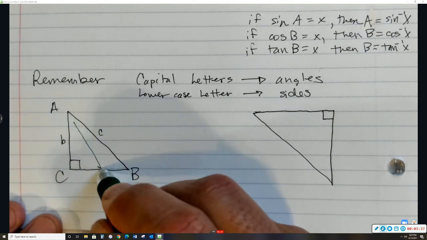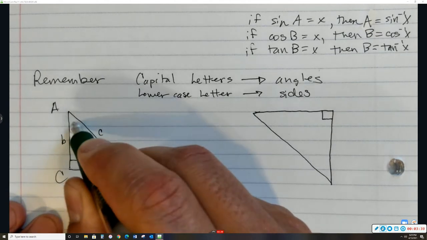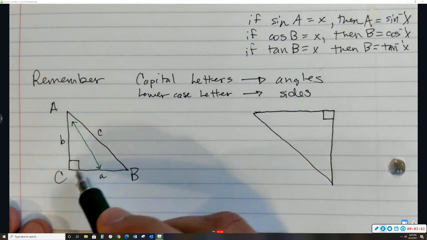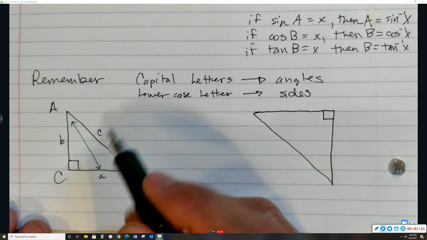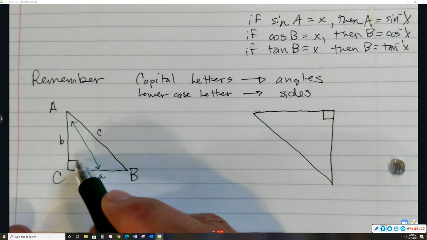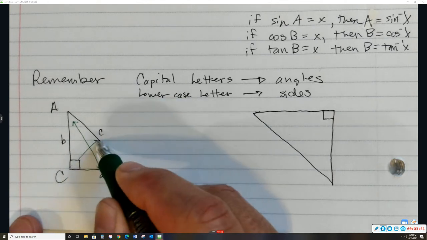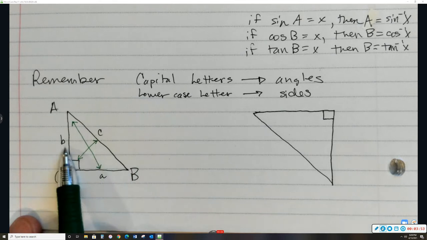See how here it's little a? Across from little a is capital A. The same thing for C: across from capital C is lowercase c, and across from B is lowercase b.